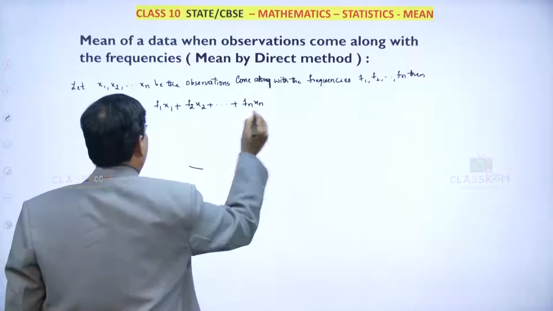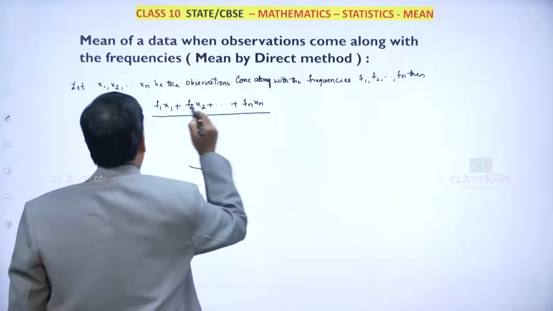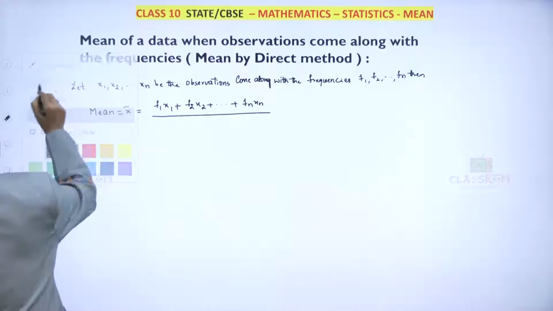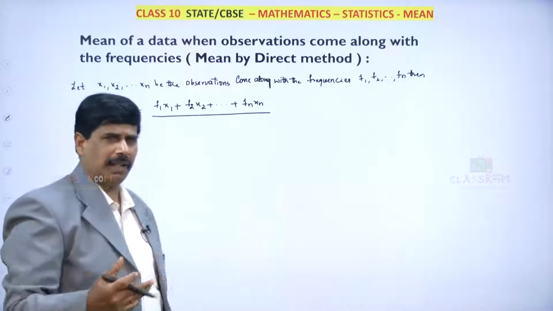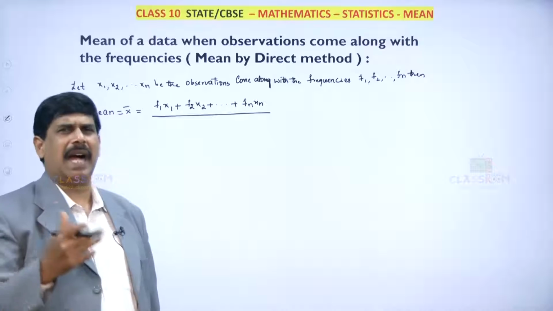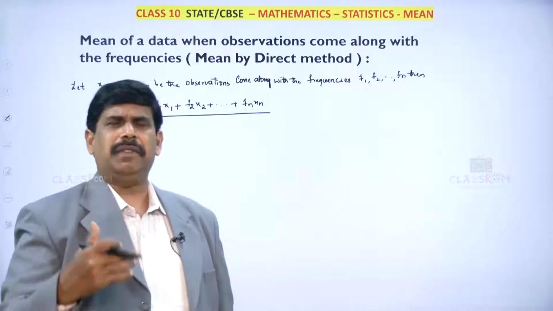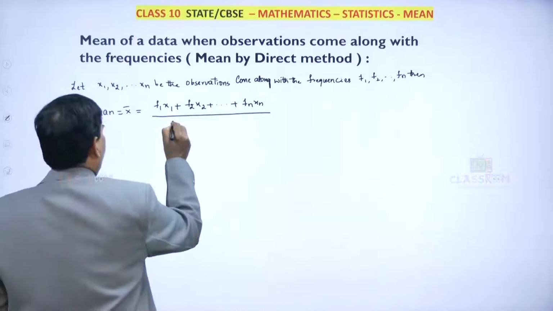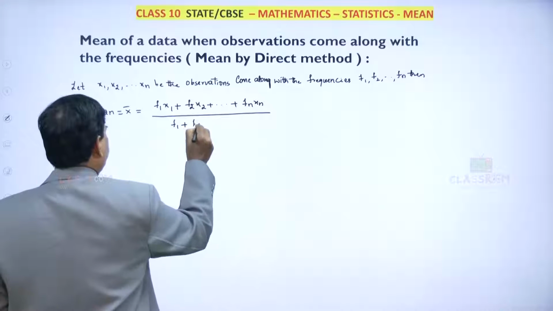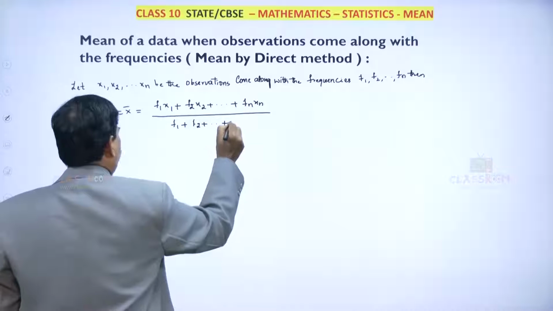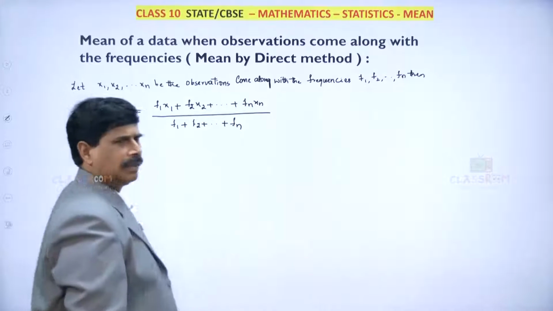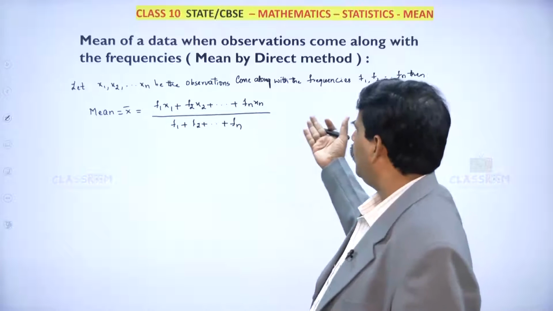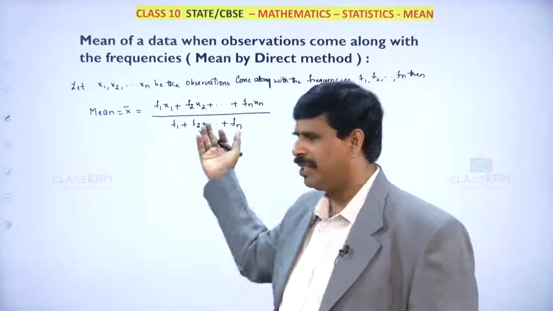We are multiplying the first frequency with the first observation, adding the second frequency multiplied with the second observation, and like that up to the nth frequency multiplied with the nth observation, by the sum of all the frequencies, f1 plus f2 plus so on fn. Is it clear? Follow, children? So when the observations come along with the frequencies, this is what you have to do.